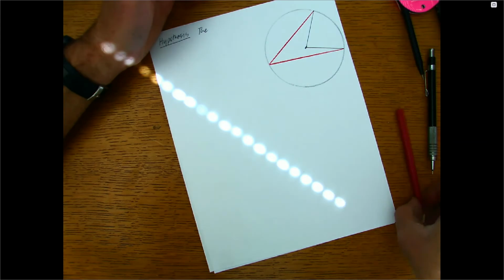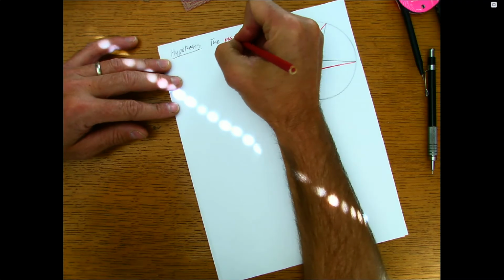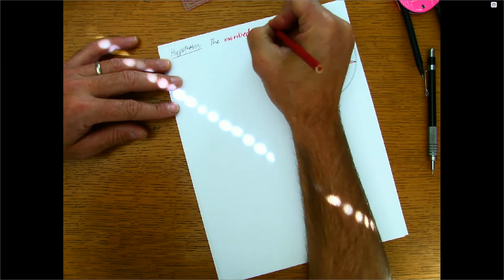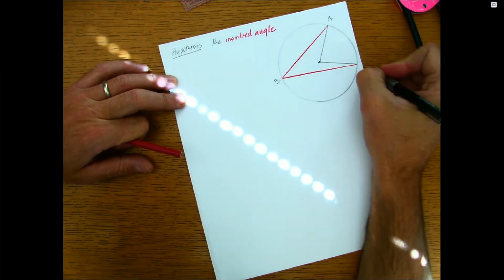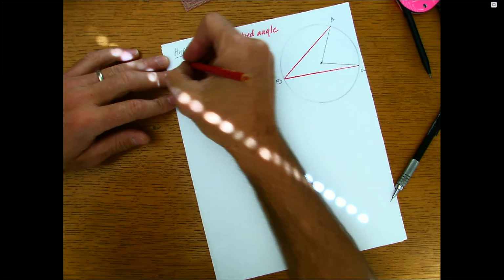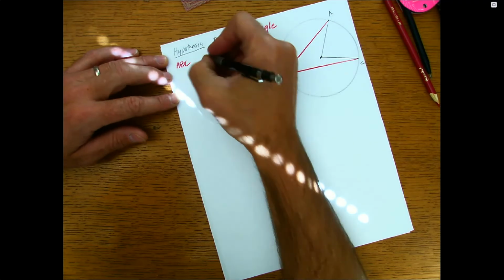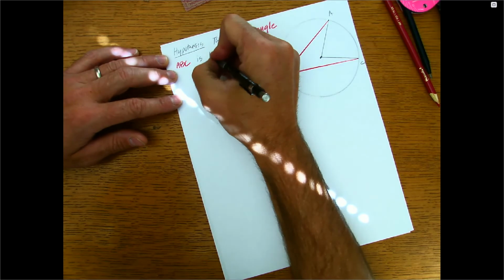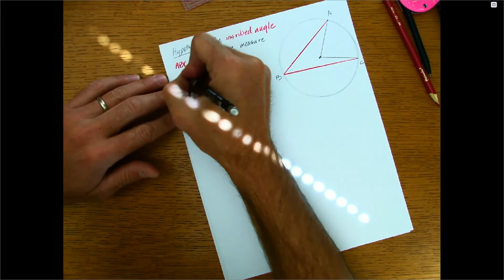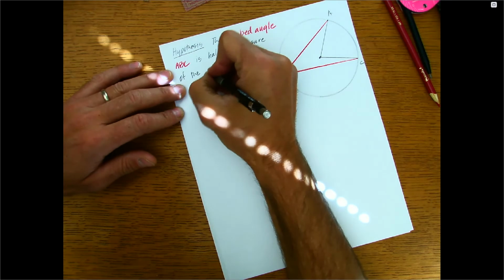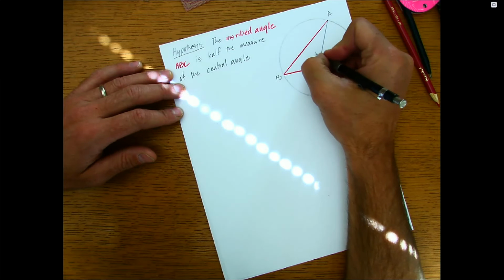Okay, so the inscribed angle, let's call this ABC, we think is half the measure of the central angle ADC, I think we called it, didn't we?